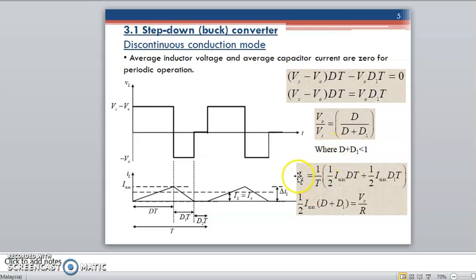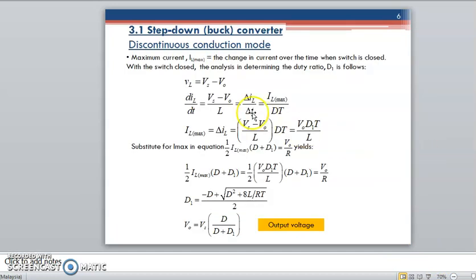So this is the amount of IL. This is the Imax. So how do we find Imax, the inductor current maximum? Consider the change in current over the time when the switch is closed.